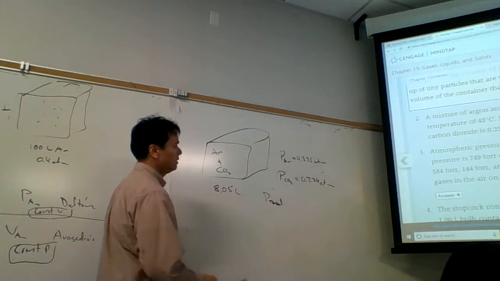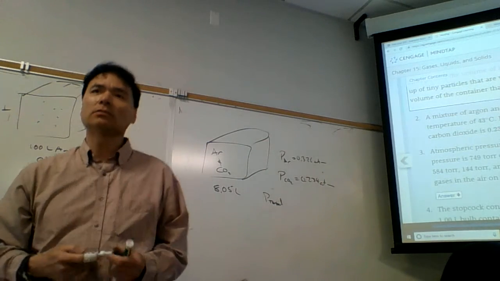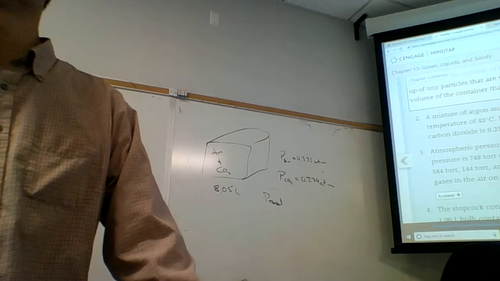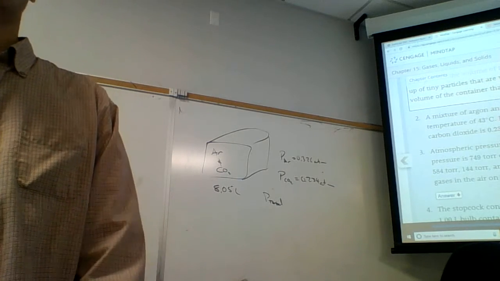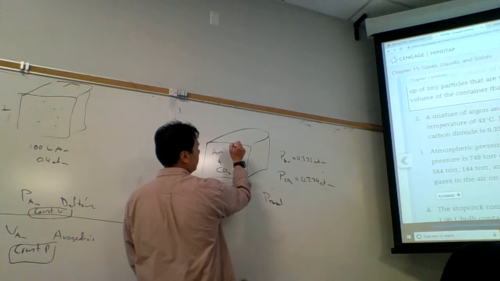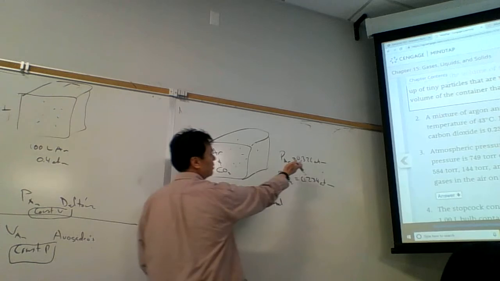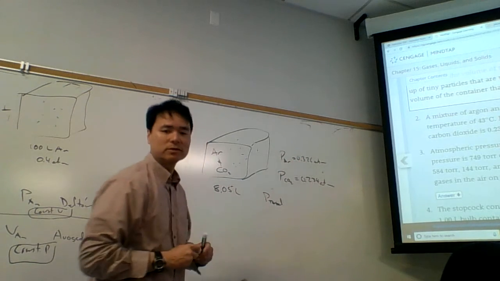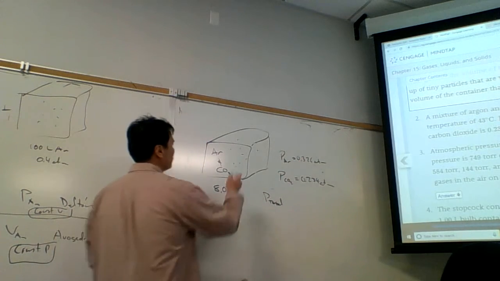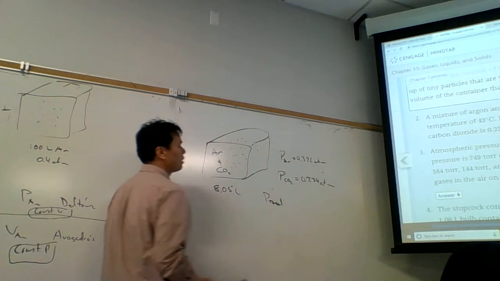And so this is a little simpler because they're doing this as what? Dalton's or Avogadro's? Dalton's. Avogadro's would have the two pressures the same. So now I got argon colliding with the wall, generating 0.326 atmospheres. And then I have CO2 colliding with the wall, generating 0.234 atmospheres.